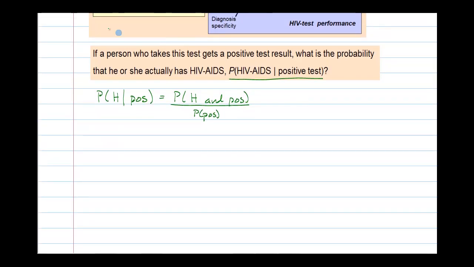So we're going to want to calculate each one of these values. The first thing we can look at is the probability of a true positive, and that's this value right here. The probability of a true positive is equal to the probability of having the disease and testing positive.